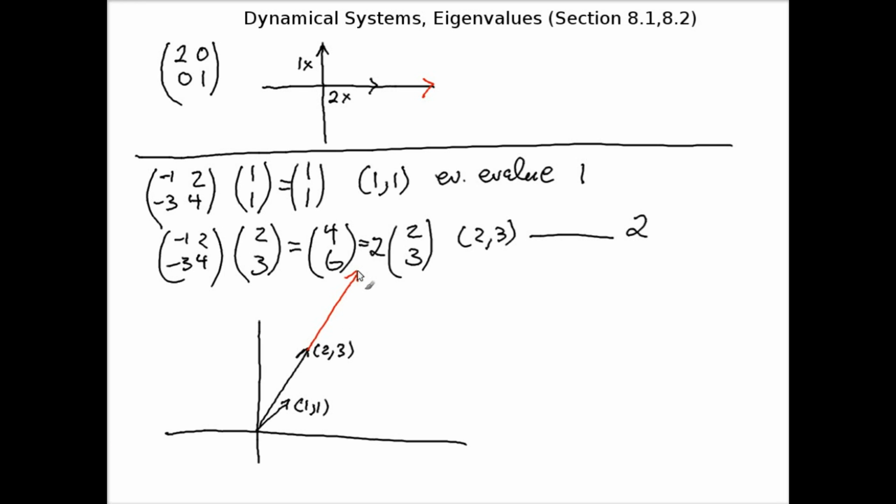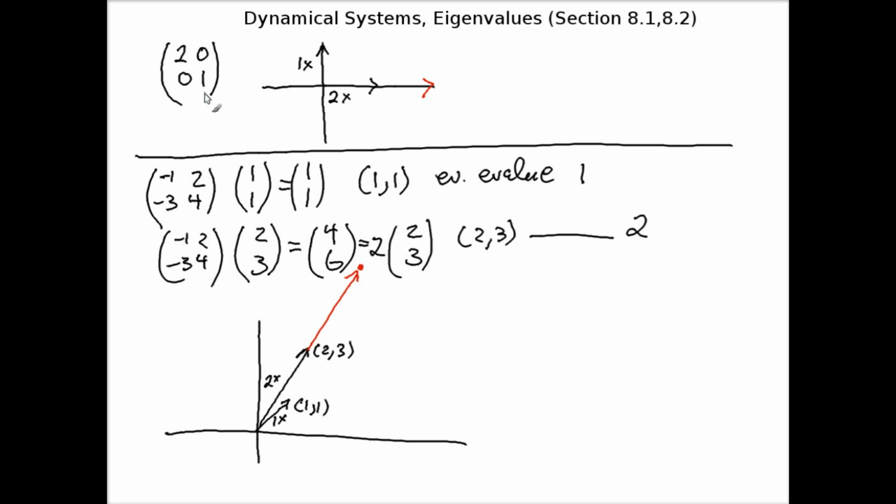This vector is being doubled, and we're just multiplying by 1 on this vector. So this matrix is acting by stretching by a factor of 2 in this direction, in this basis, just like this one is stretching by a factor of 2 in this basis.